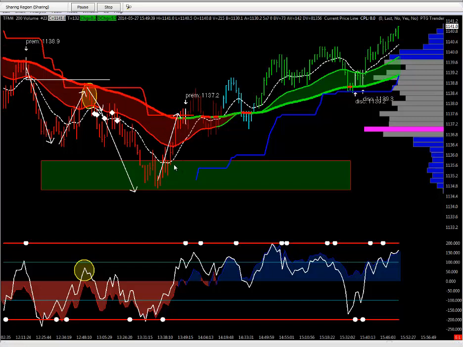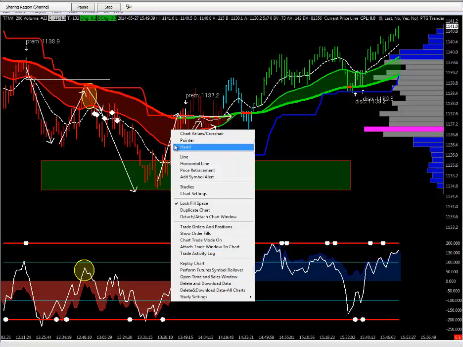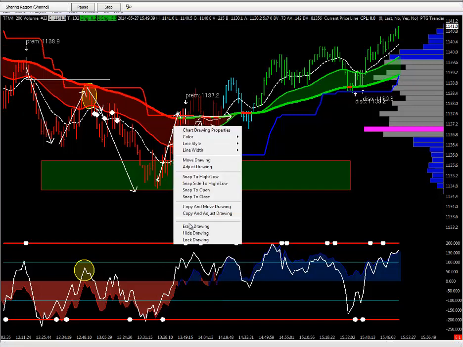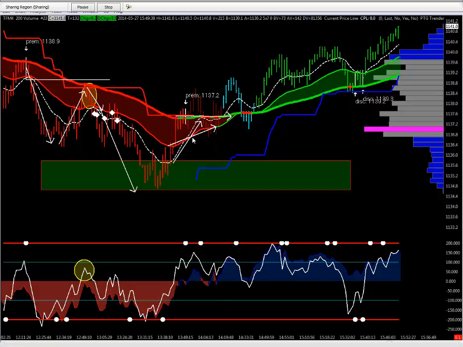Look at the 13, 34, and the 89. So this bounce off the low, the configuration is all wrong for a premium.